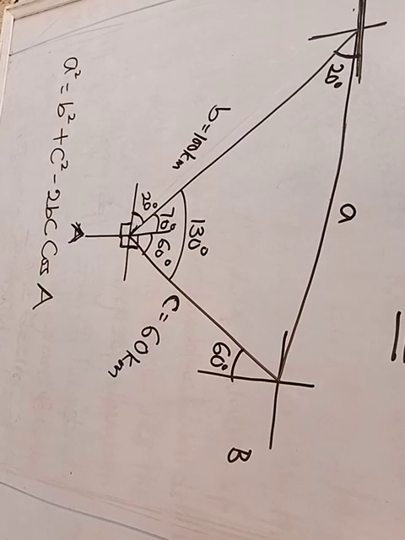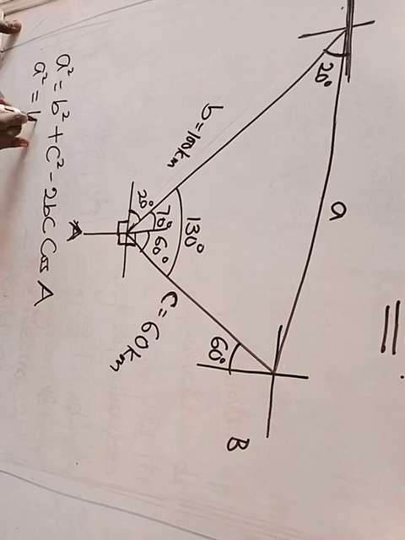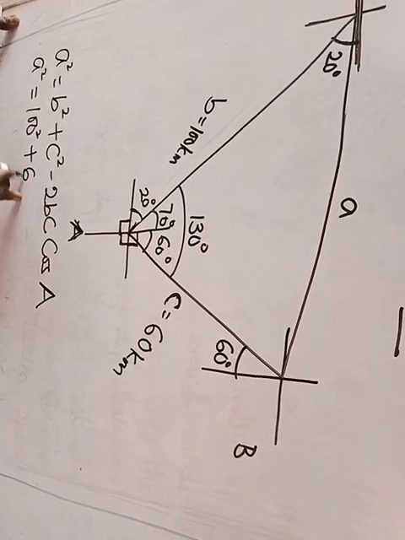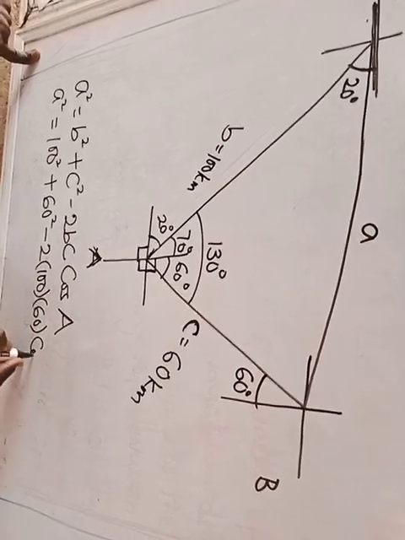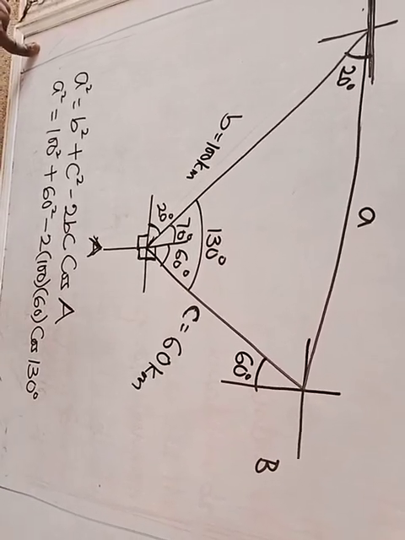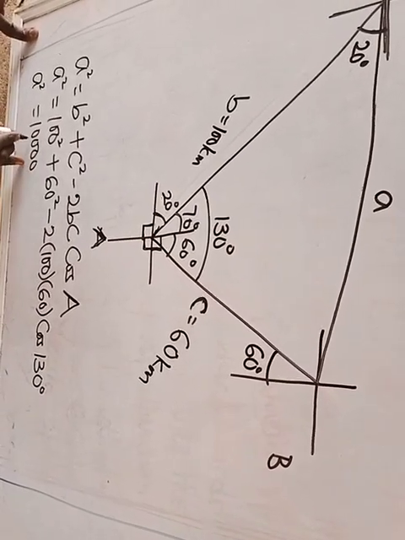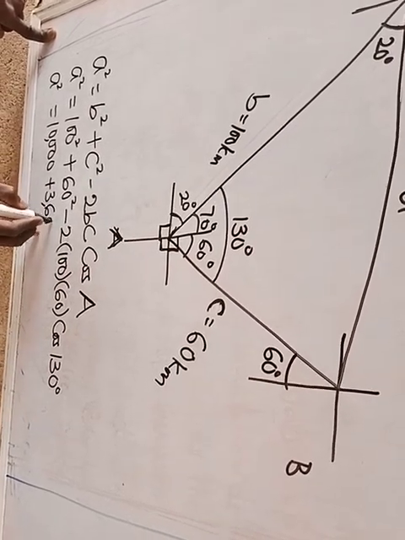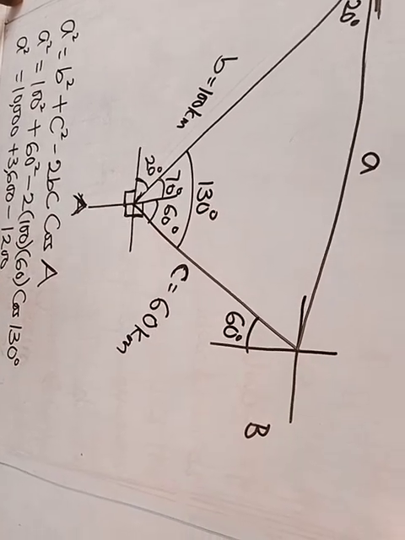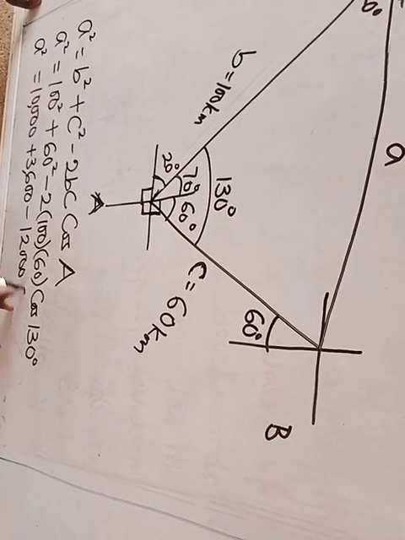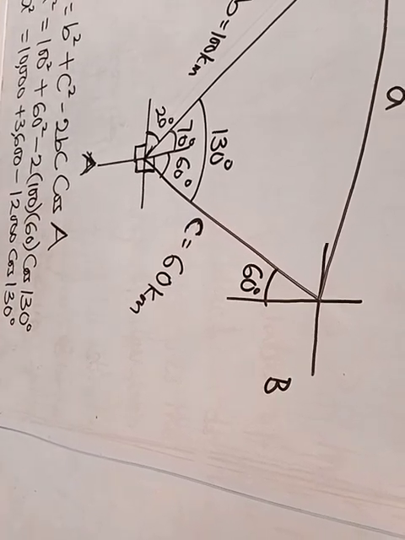All right. So what is A here? We want to get A. B is 100 kilometers, plus C, 60 kilometers, minus 2 times 100 times 60 cos the angle, which is 130 degrees. So A squared will be 10,000 plus 3,600 minus 2 times 100 times 60, that's 12,000 cos 130 degrees.